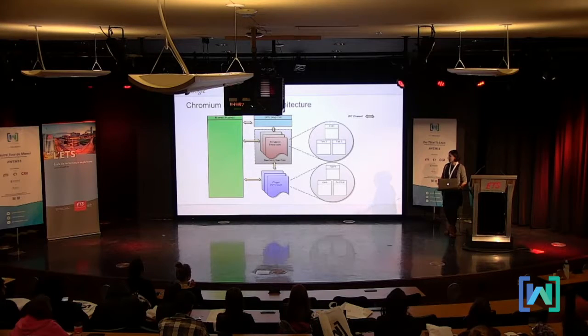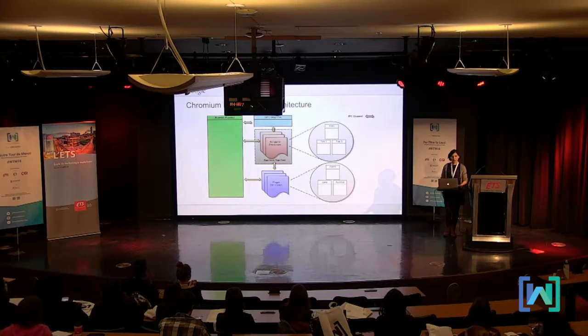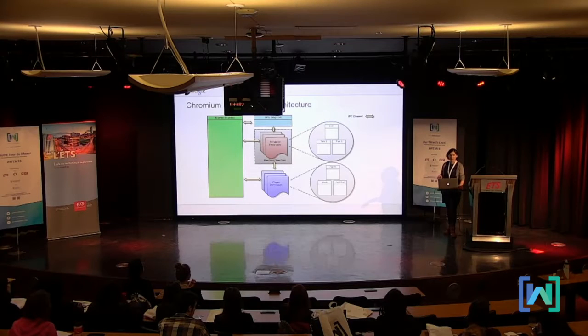Now the sandboxing. Sandboxing gives an opportunity to isolate the render process so that if there is a bug in the render engine, it is not possible to exploit it. Because when you put it in a sandbox, the render engine cannot access the system or devices.